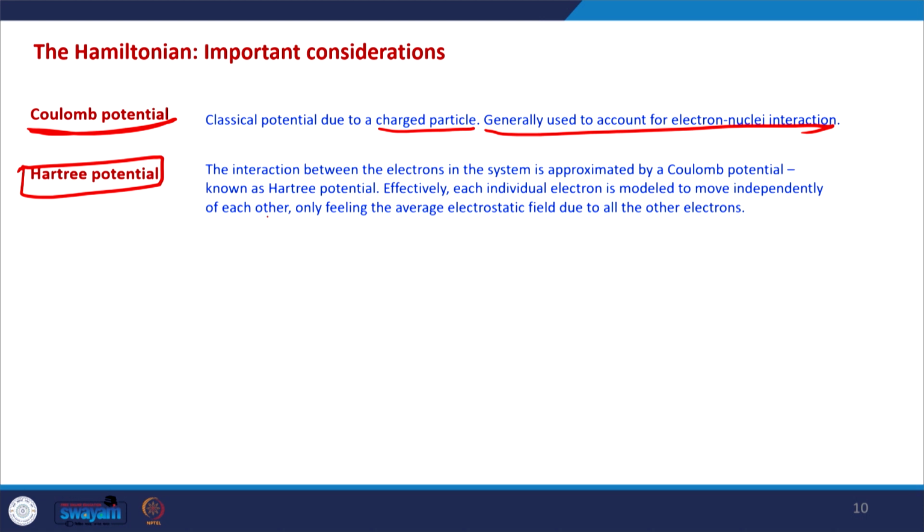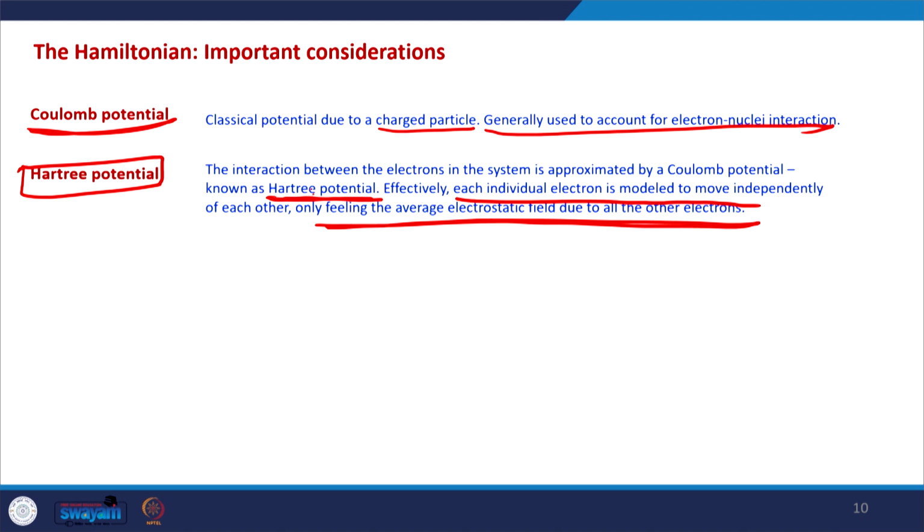This electron-electron interaction is effectively modeled as an effective potential known as the Hartree potential, and by considering the Hartree potential, we can assume that each electron is moving independently of each other, just feeling the average electrostatic field given by the Hartree potential.